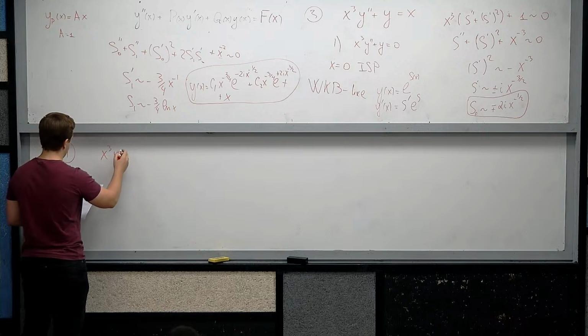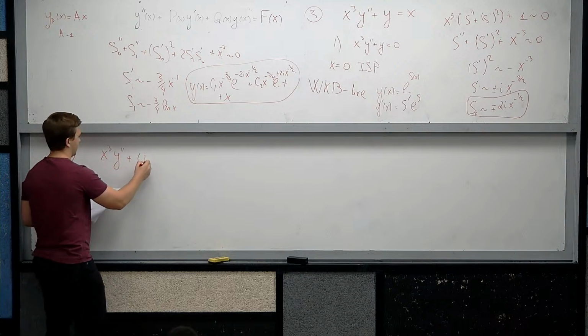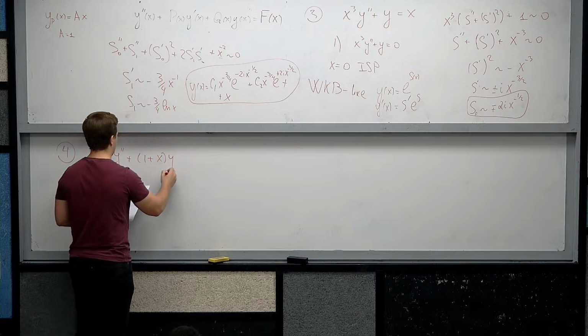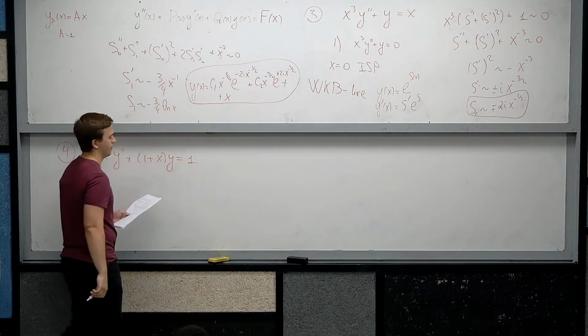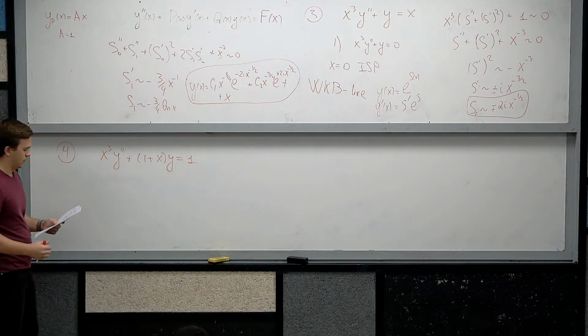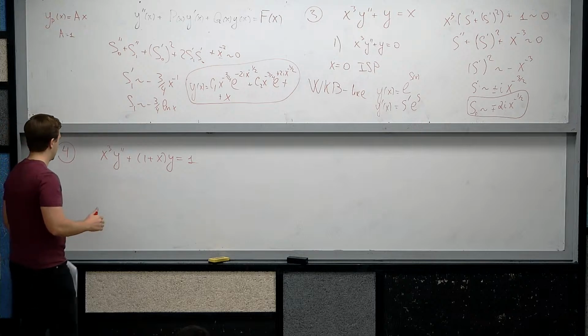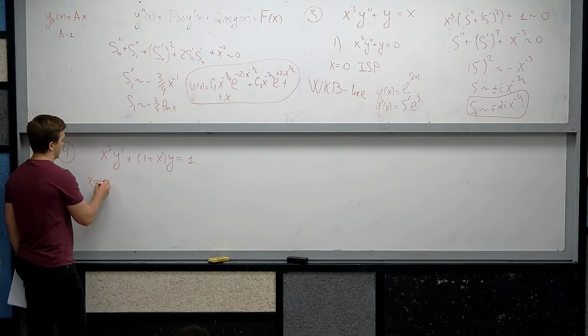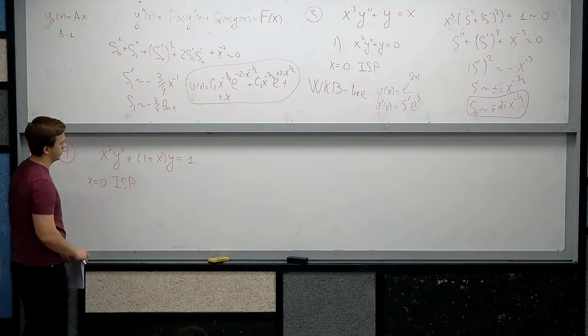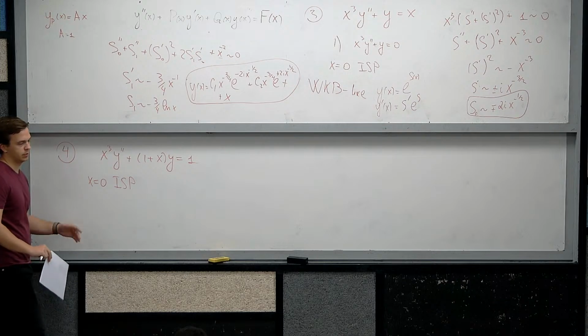Okay. The next one, example number 4, looks like this. It's x cubed y double prime plus (1 plus x) y equals 1. Again, x equals 0 is an irregular singular point, and we want to find the solution near this point.